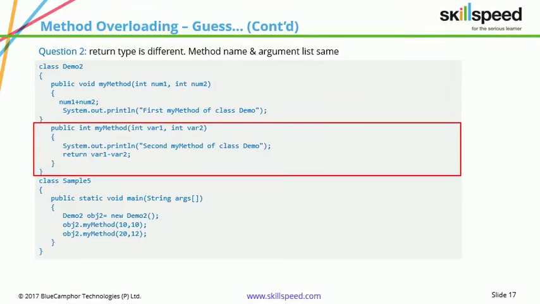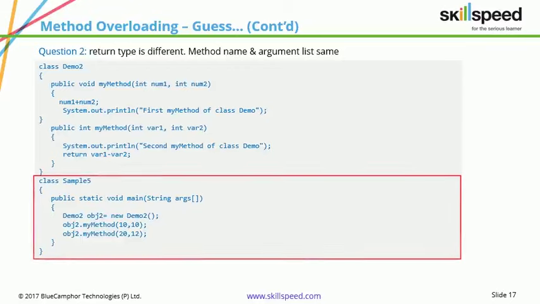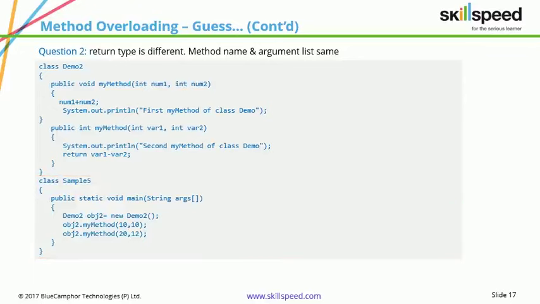Observe, in method 1 we have void type and we are not returning anything. In the second method we have int as the return type and we are returning the integer value var1 minus var2. In class Sample5, I have the public static void main where I am creating an object obj2 for the demo2 class, and I am trying to call the method twice.